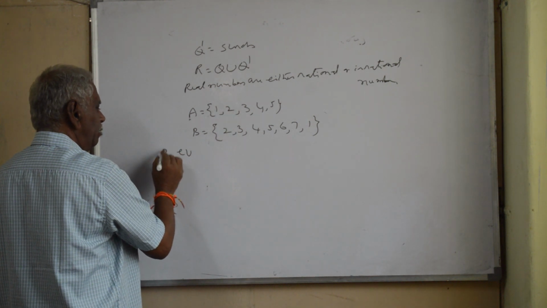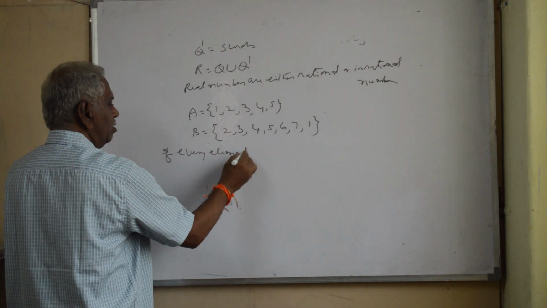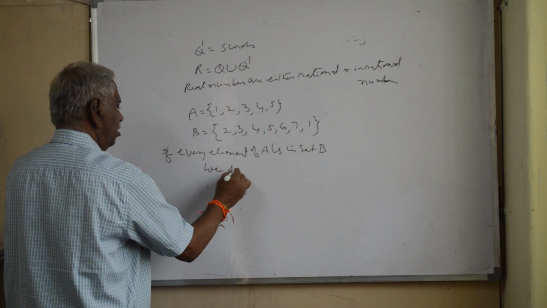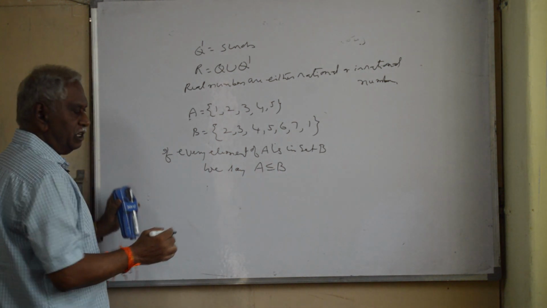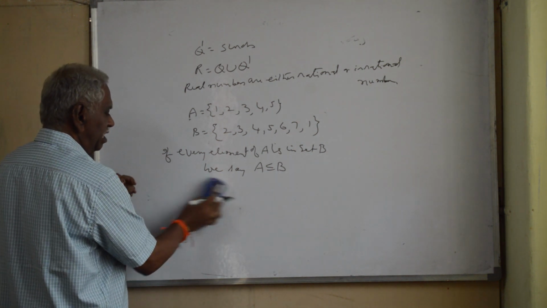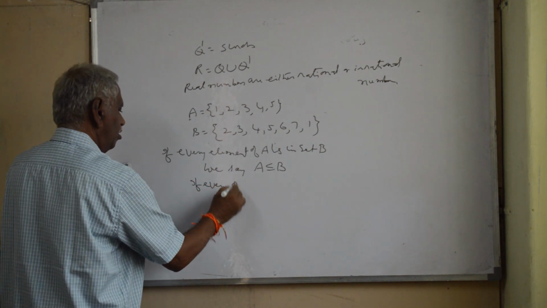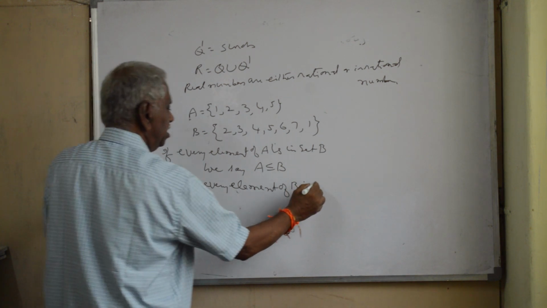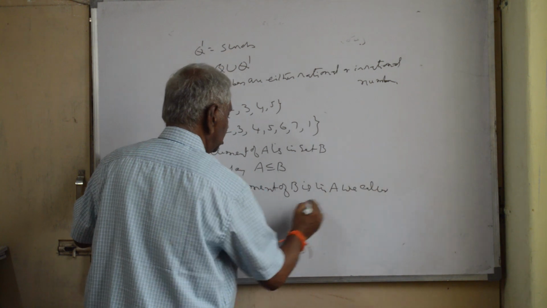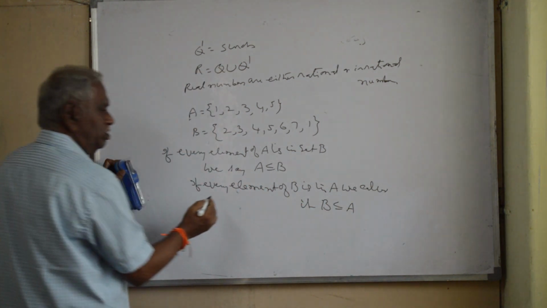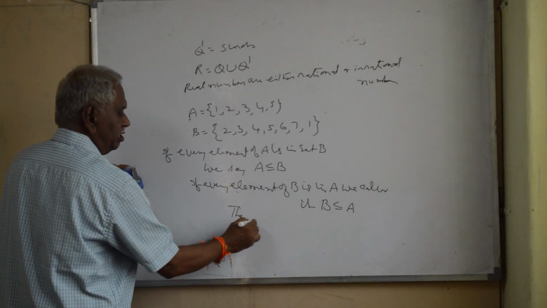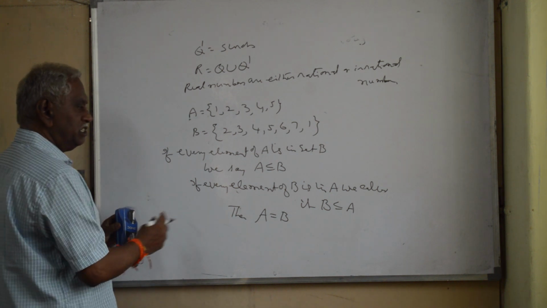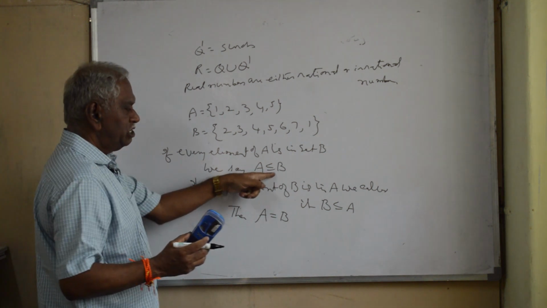So if every element of A is in set B, we say A is a subset of B. Similarly, if every element of B is in A, we call B a subset of A. If both A is a subset of B and B is a subset of A, then we say A is equal to B. If you consider two sets, we use subset.